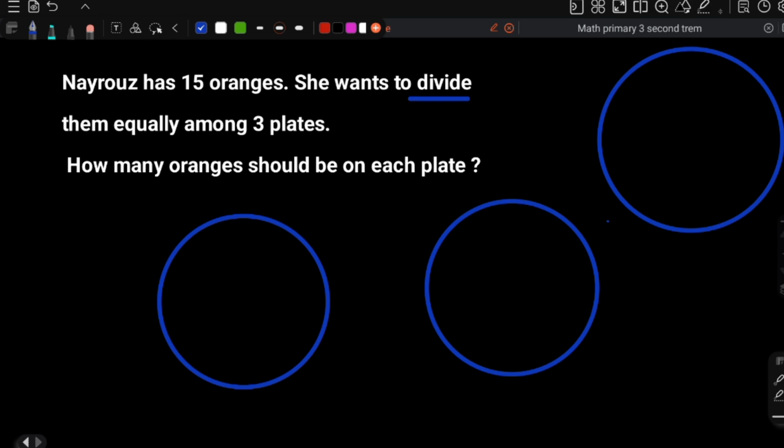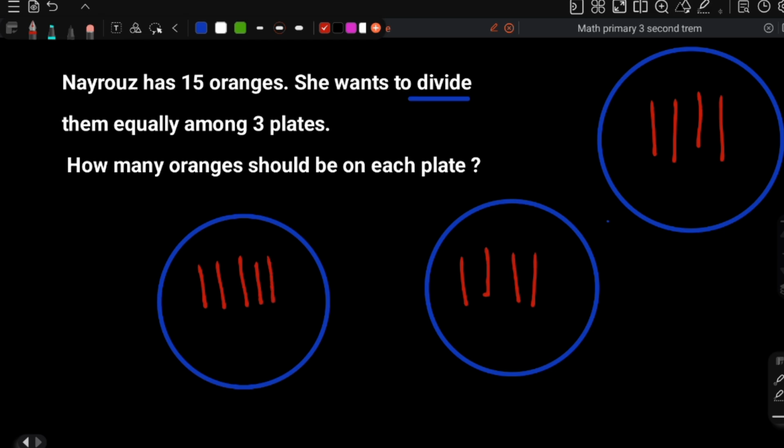So we will count until we finish the total number, okay, as we did in grade 3 first term. Okay, so we divide by this method at the beginning. 1 2 3 4 5 6 7 8 9 10 11 12 13 14 15. So we finished. Okay, each plate has how many?